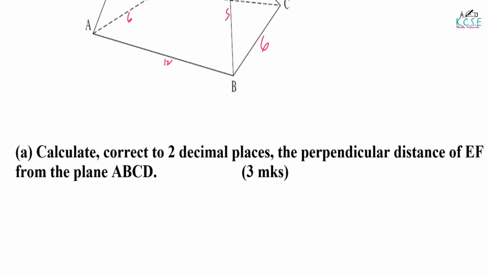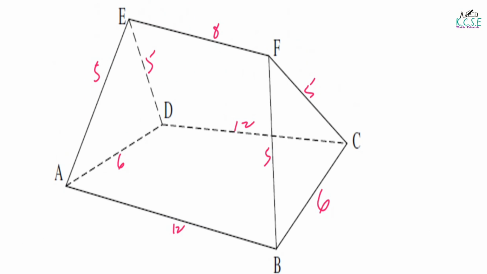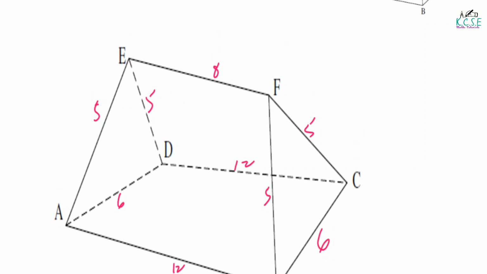Calculate, correct to two decimal places, the perpendicular distance of EF from the plane ABCD. The perpendicular distance of EF from the base. So we need to get that perpendicular height. It's something that we need to draw. So we can draw it like this.